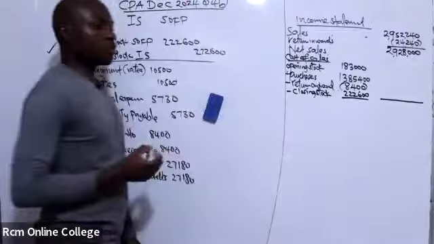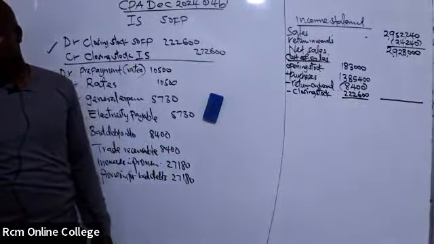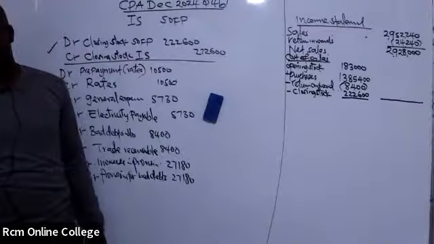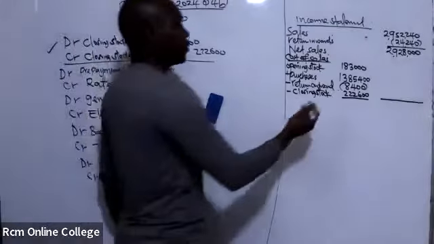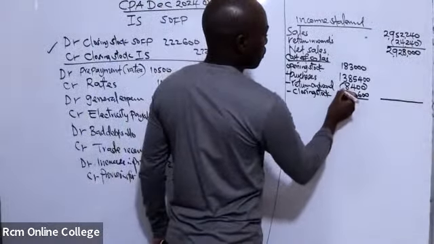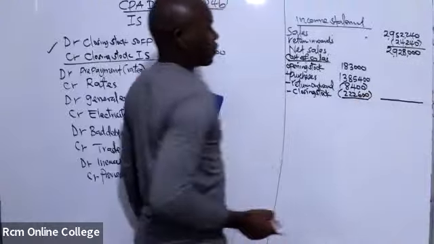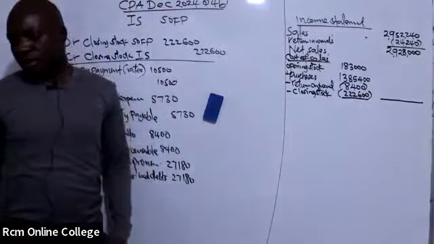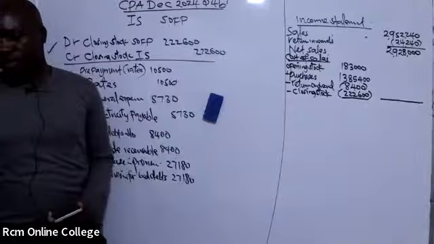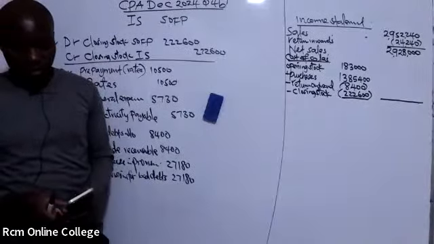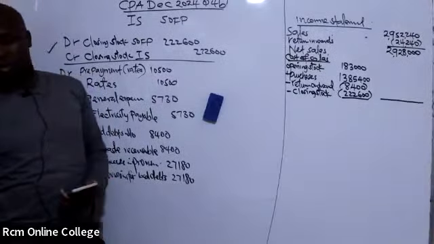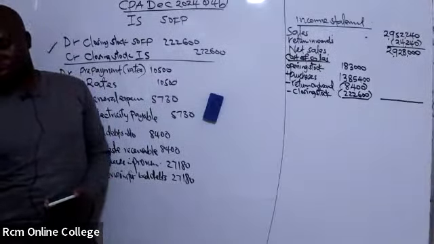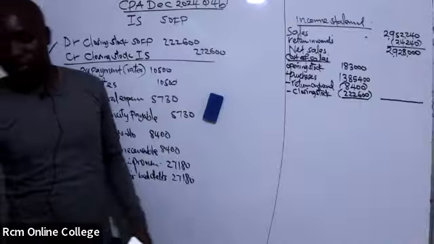So can somebody give us cost of sales? 183,000 plus 13,85,400 minus 8,400 minus closing stock. So what are we getting? The cost of sales is 1337,400.